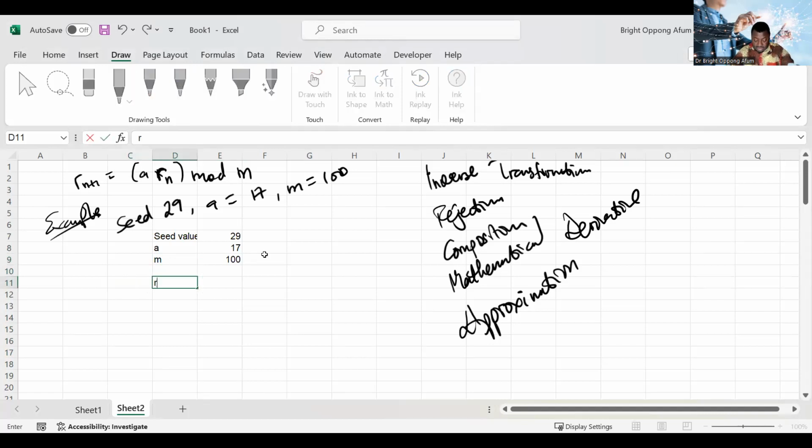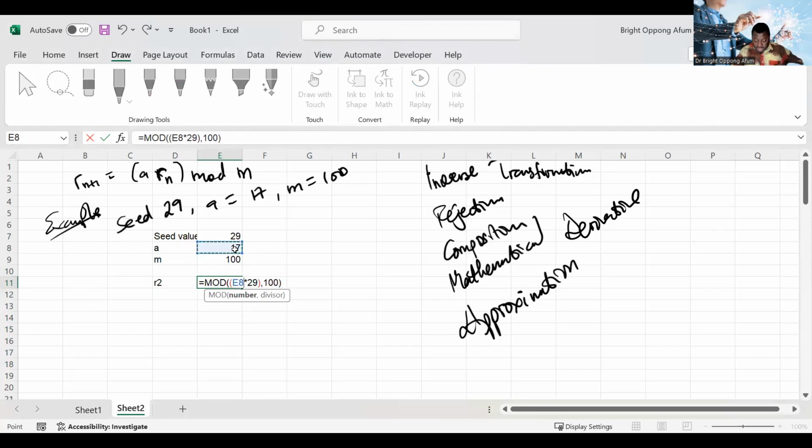So my next random number is mod of the constant, 17, times the Rn, which is the current value, 29, with the divisor, which is the modulus, 100.